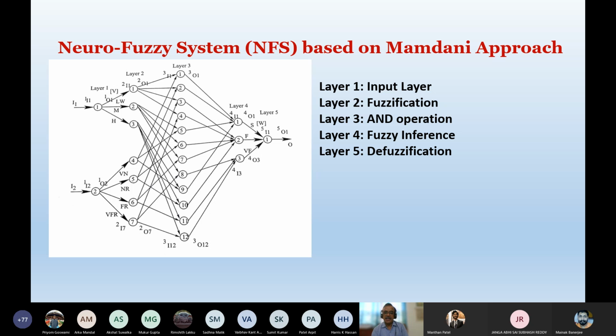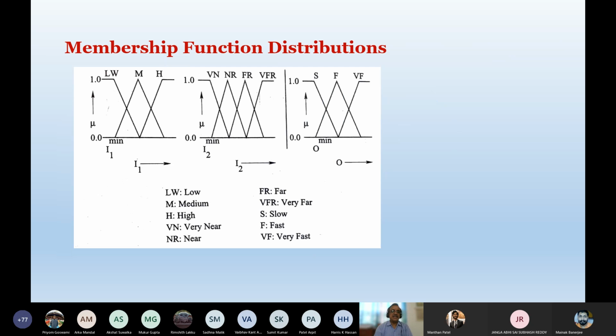Once again, we did it just to consider the symmetrical membership function distribution for I2. And once again, for this membership function distribution, we follow the same principle. Okay. And you can see that.